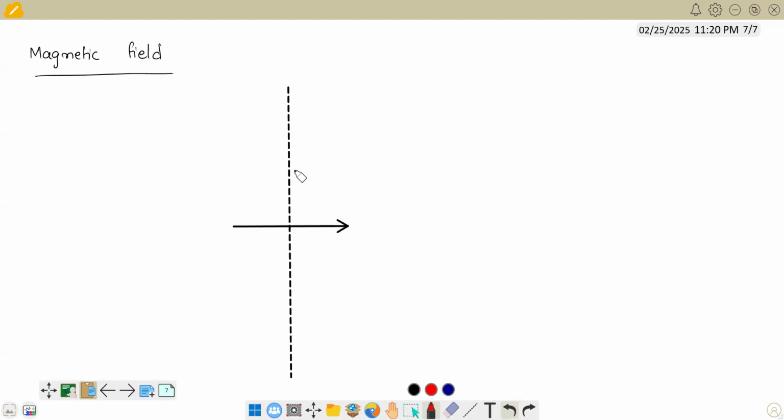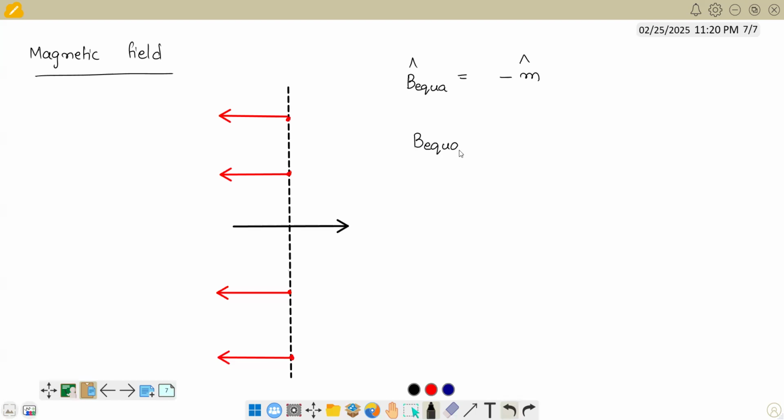And if you try to find the magnetic field at any location on the equatorial line due to a short bar magnet, the magnetic field direction would be exactly opposite to this direction. That means this is the magnetic field direction created by this bar magnet. So we can simply write that the direction of magnetic field lines at an equatorial point would be opposite to the direction of the magnetic dipole moment. And one more thing, what is the value of this?